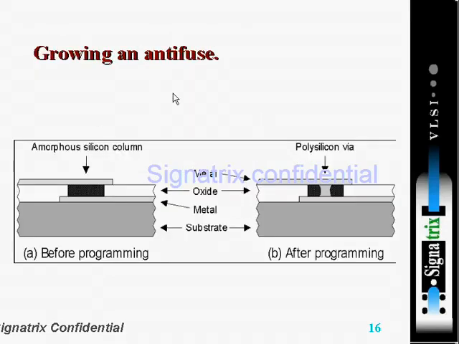Now how to grow an anti-fuse? This is what foundry people will follow before they give an FPGA to us. You see there is a metal, an oxide layer, a metal, and a substrate. This is how they will grow an anti-fuse. This is pertaining to the foundry. We should not concentrate much on this, but it is somewhat informative. We should keep it in mind.